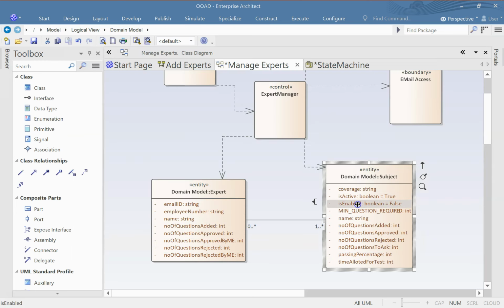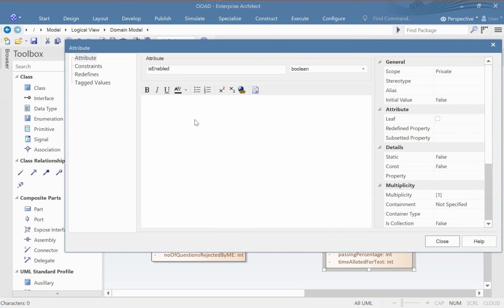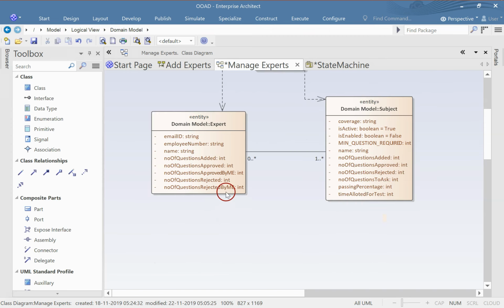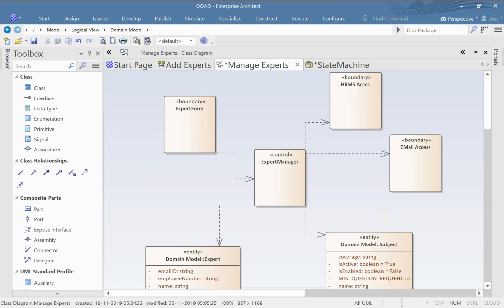Similarly, this would be what? The subject is having the minimum required number of approved questions so that the tests can be scheduled. Like that, we have to do it for these as well, for the expert class attributes. Once that is done, and remember this is going to take time.